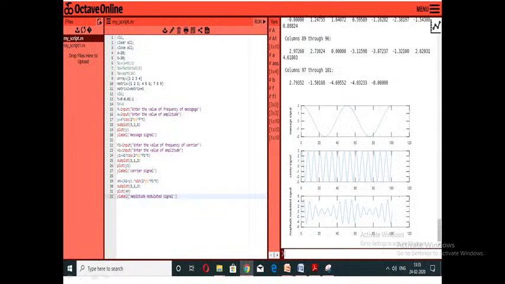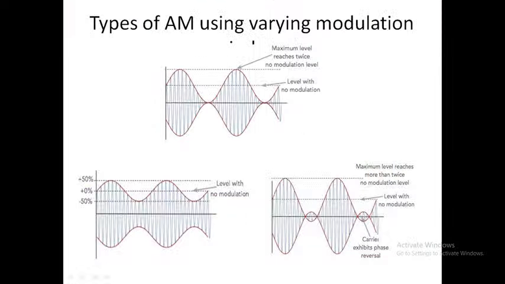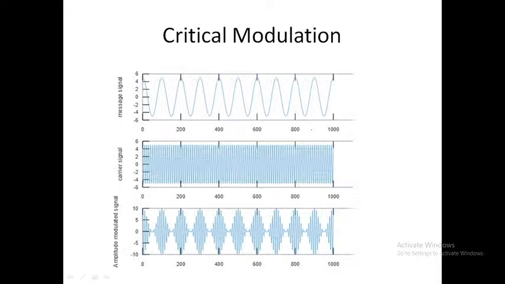So this is the typical Octave code we used previously, but the same thing we will be using in MATLAB and in Python. So there are three modulations that can come up. Critical modulation means when the mu value is equal to 1. I told you what mu is. Mu is nothing but Am by Ac, and if this value is 1, this is known as the critical modulation.